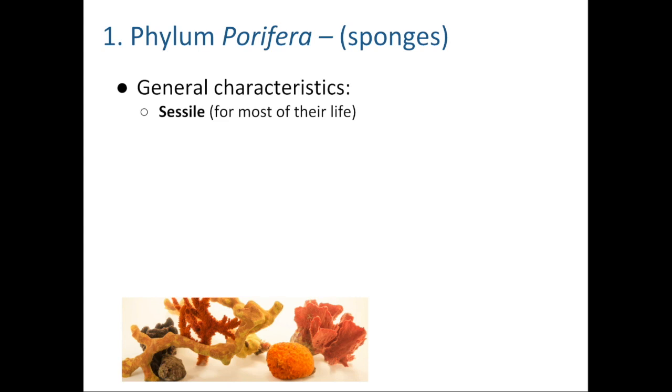So they have a short part of their life cycle at the beginning where they can float through the water, but then once they find a good spot to live, they anchor themselves there, and that's where they stay for the rest of their life. Sponges are filter feeders, so many of them are very efficient at filtering food out of the water that goes through them.